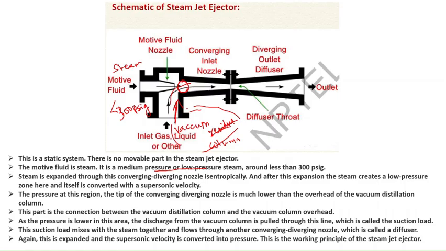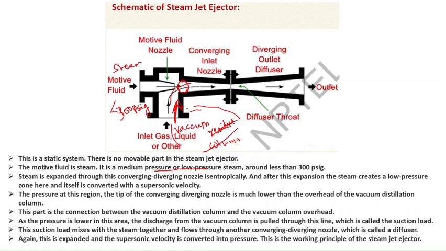This is connected to the overhead from the vacuum distillation column, basically the top of the vacuum distillation column. So as pressure here is less, this is a connection between the vacuum distillation column and the vacuum column overhead.